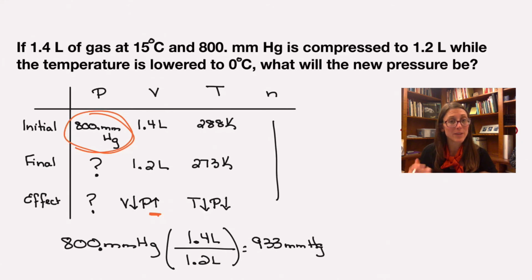But we're not done. Something else changed too. So take that halfway done answer and multiply that partial answer by another multiplication factor for the other thing that's changing. In this case, the temperature. The temperature should decrease the pressure, so we're going to put the smaller number on top.